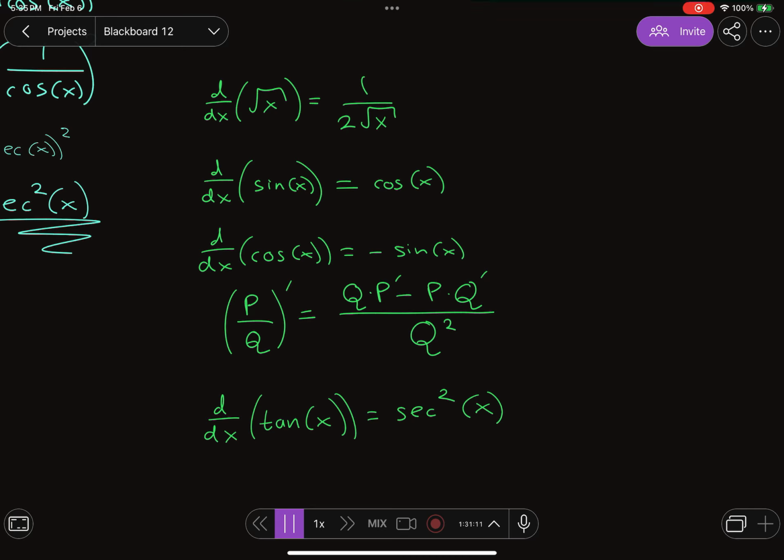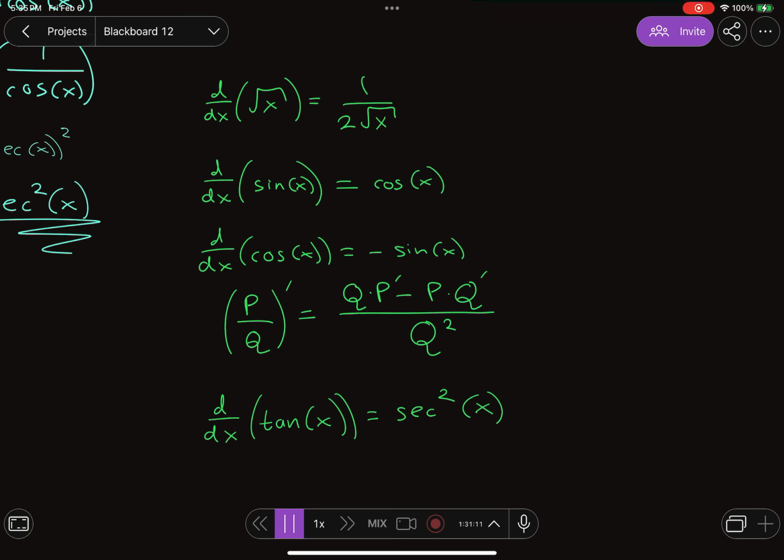Last thing, crazy video. Oh my gosh, so much going on. We're here now. I had one more thing on the agenda. I wanted to prove that, using the quotient rule, we can also show that this power rule also works for the integers.